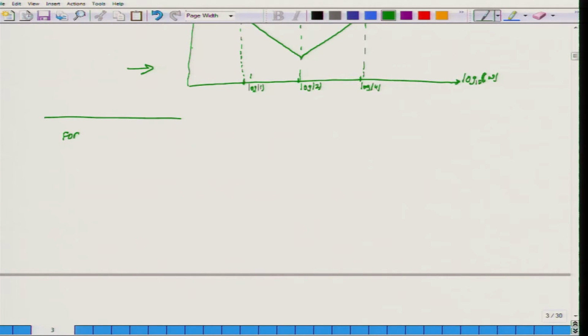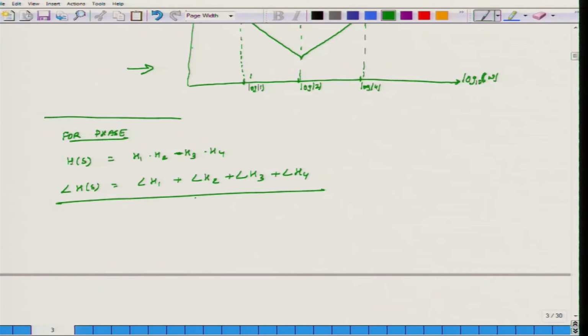For phase, we have shown that we can break this H as H1 times H2 times H3 times H4. So, the phase of H(s) is equal to the phase of H1 plus the phase of H2 plus the phase of H3 plus the phase of H4. So, if we can develop individual Bode phase plots for H1, H2, H3, H4, we can add them up and again develop the overall Bode plot.